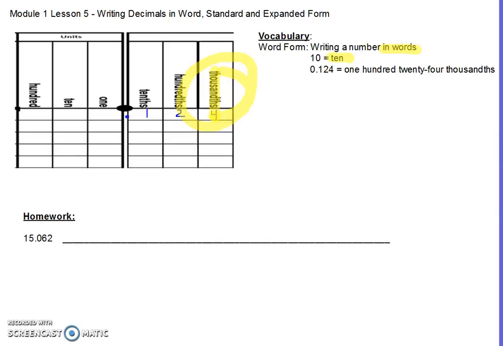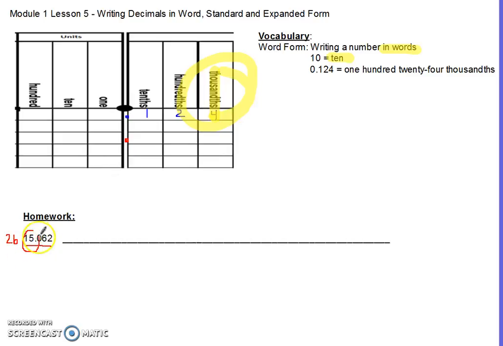So let's take a look at one of the questions on your homework. This is question 2B. The first thing I'm going to do is write this number. I think about it in my place value chart. I see my decimal right here. I want to see what I have to the left of my decimal, and what I have to the right of my decimal.